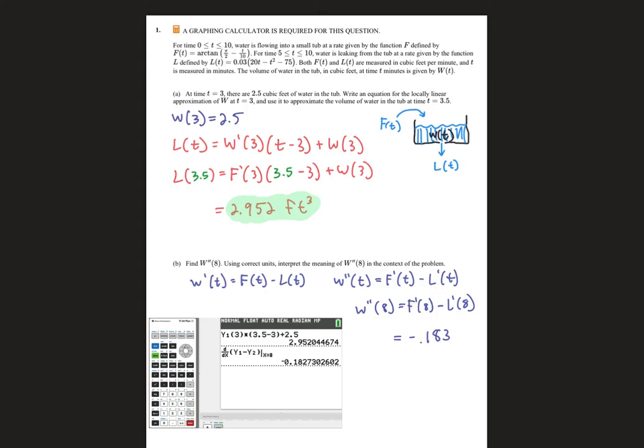So f and l, let's say units are cubic feet per minute, and so when you take a second derivative, it'll be cubic feet per minute squared.